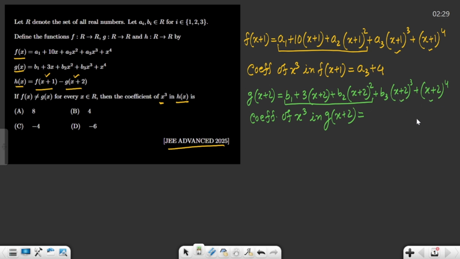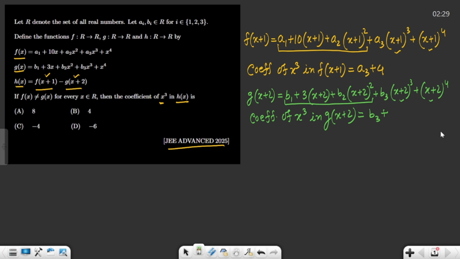When (x+2) whole cube is expanded, the coefficient of x cube is 1, right? So b3 into 1 is b3. Plus, now (x+2) whole to the power 4.